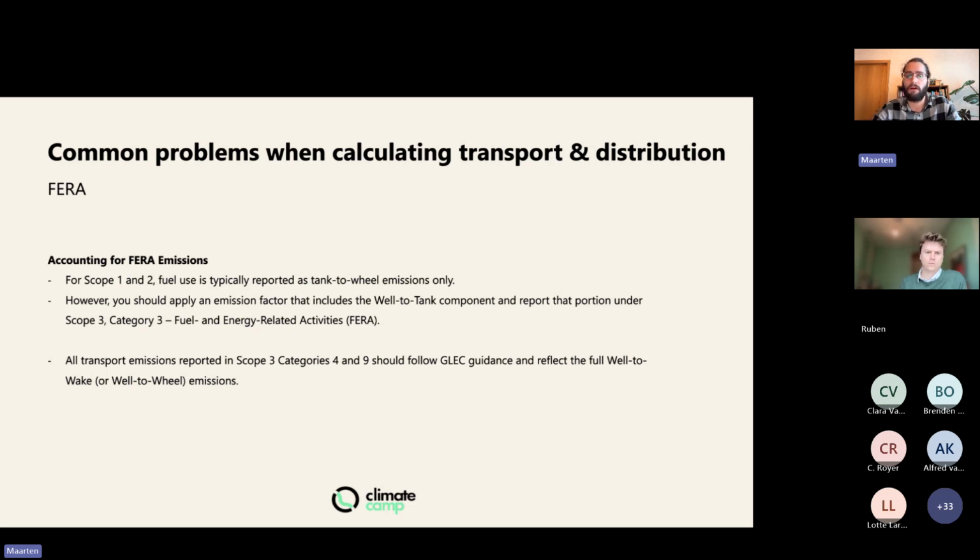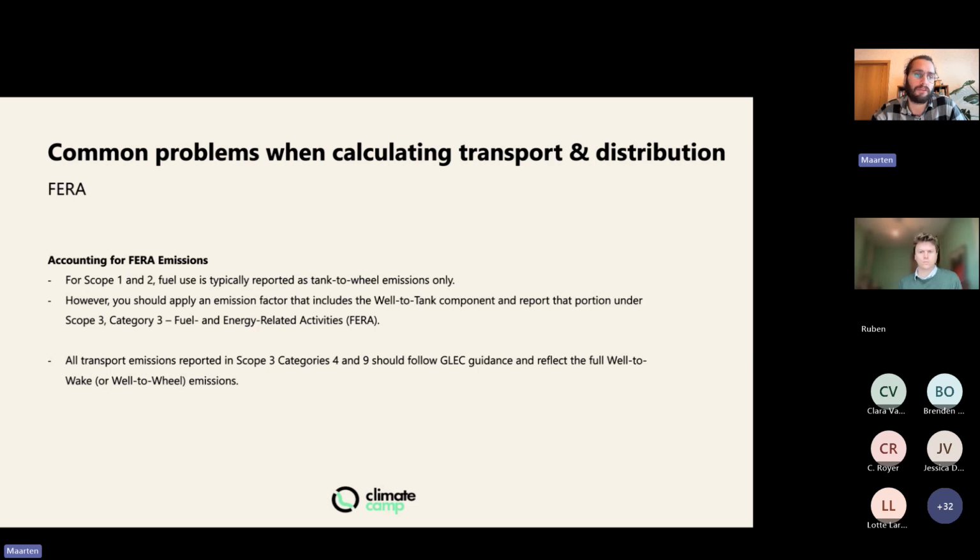However, we also have mobile combustion in scope 1, and we have purchased electricity or other forms of electricity to power vehicles in scope 2. Their fuel use is typically reported as tank-to-wheel emissions only, which means the well-to-tank emissions are not accounted for. That means that the well-to-tank emissions should be accounted for, but be reported under scope 3, category 3, fuel and energy related activities.